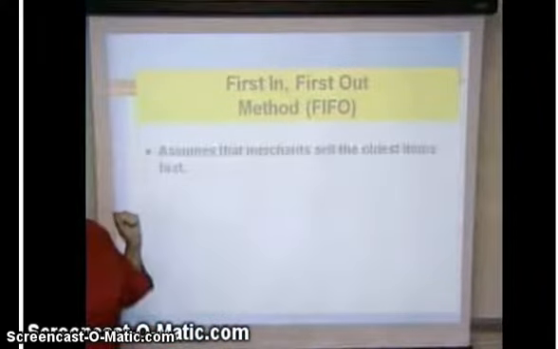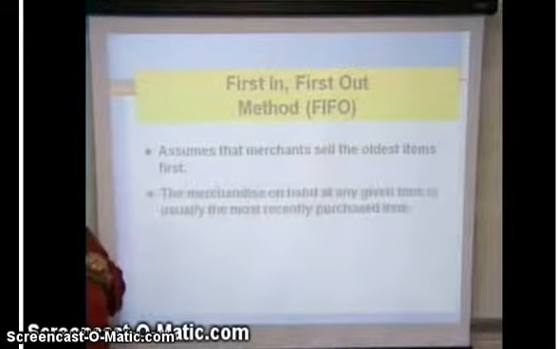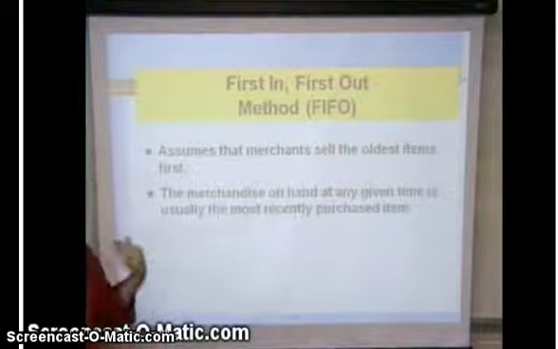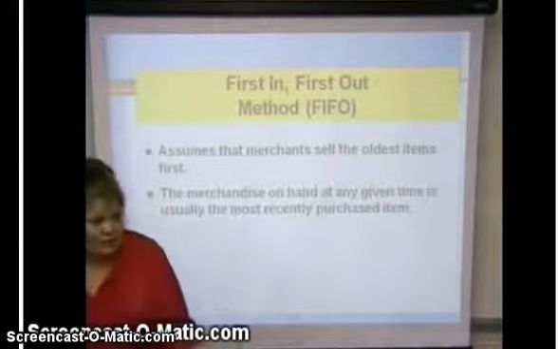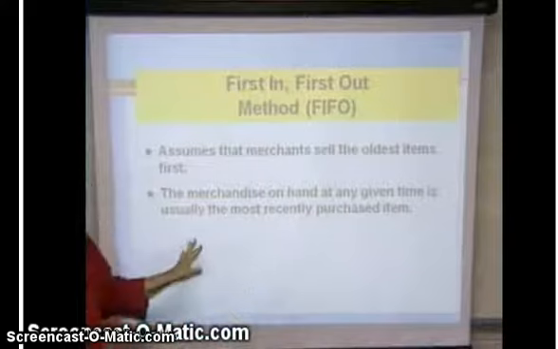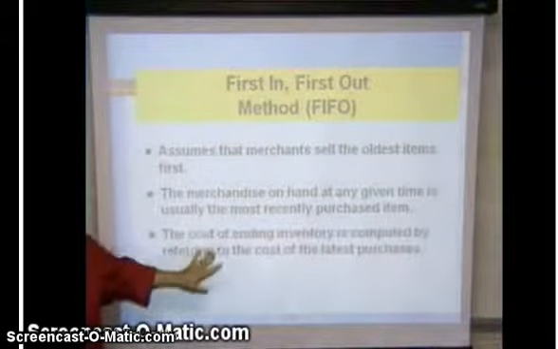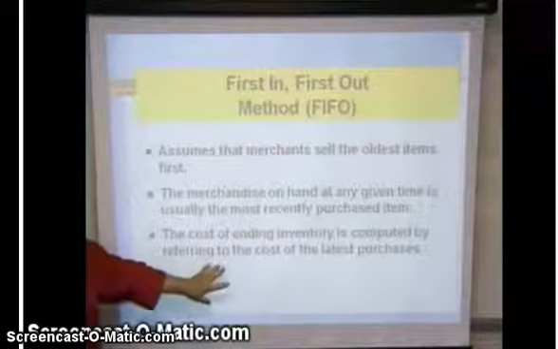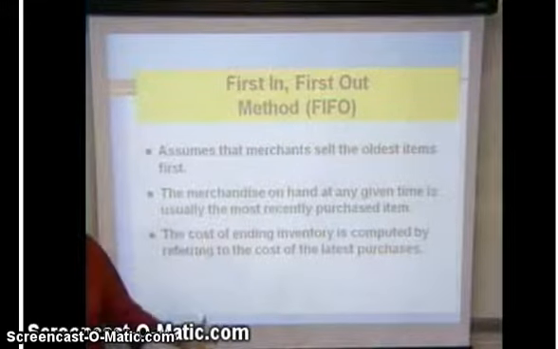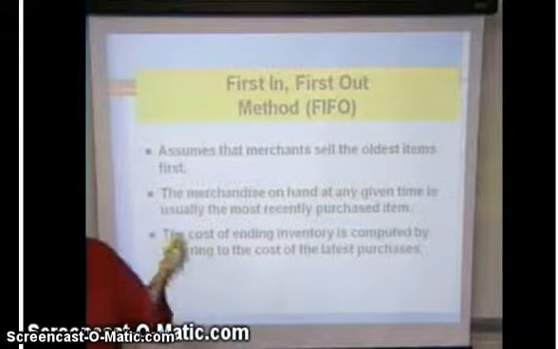So the inventory we have on hand or on our shelf is the most recently purchased at all times. And the cost of our ending inventory is computed referring to the cost of the latest purchases, right? Because that's what we have left on our shelf.